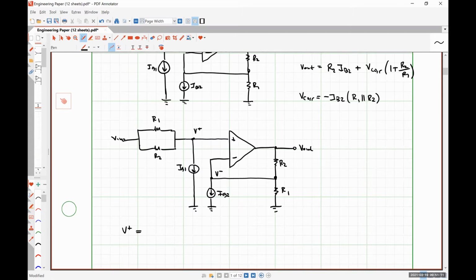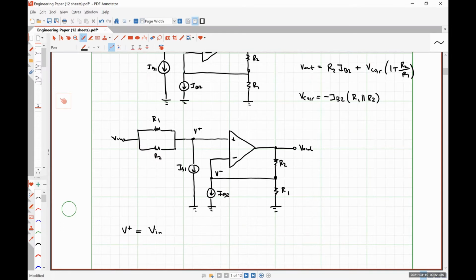I'm sorry, what was that? That would be true if Vn were 0, but let's let Vn be whatever it needs to be. So if we do Kirchhoff's voltage law, we're going to have just Vn plus exactly what you said, right?